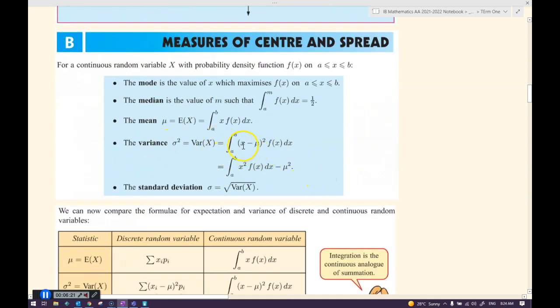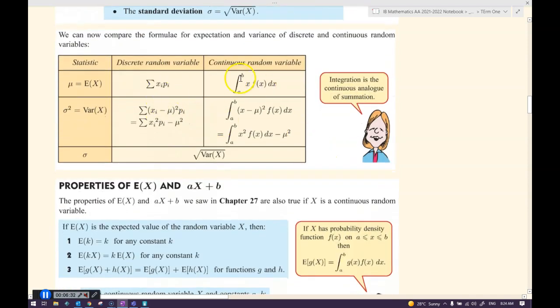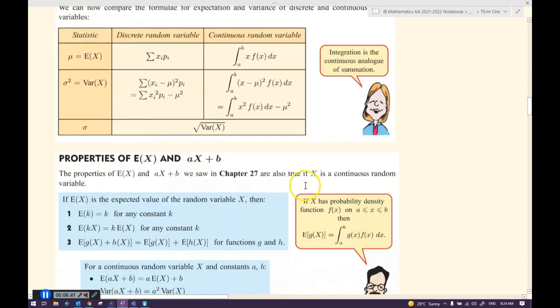Same with the variance: the difference between each score and the mean, squared, multiplied by its probability. And there are the two different formulae, just like we had for discrete variables. With discrete random variables, we're using the sum, we're adding. With continuous random variables, to add, we use integration. But it's the same thing.